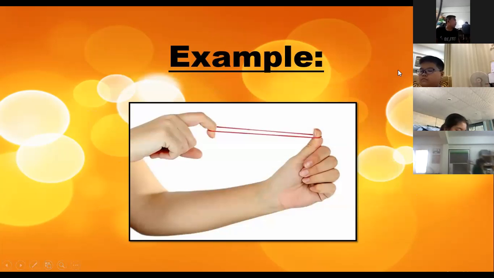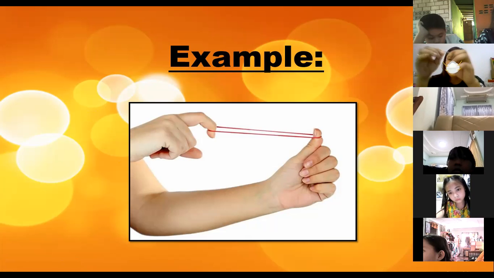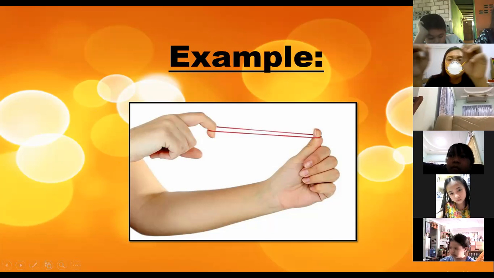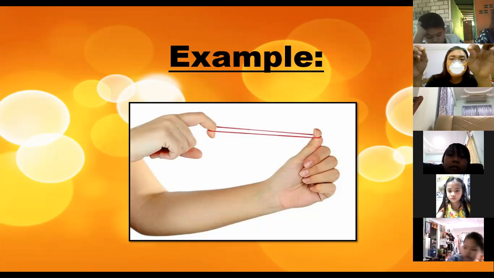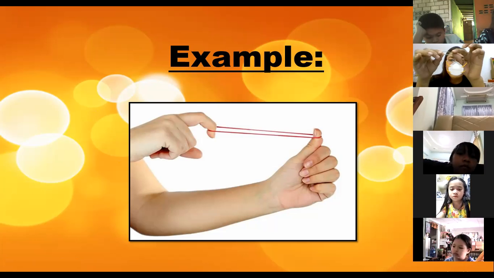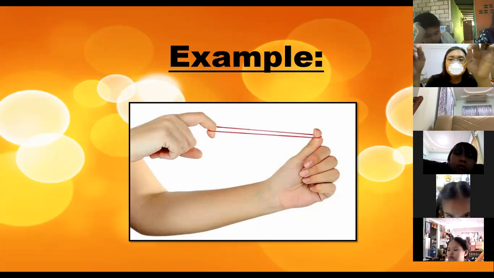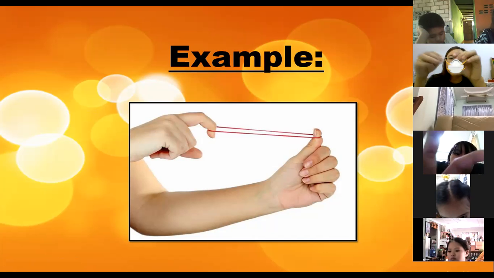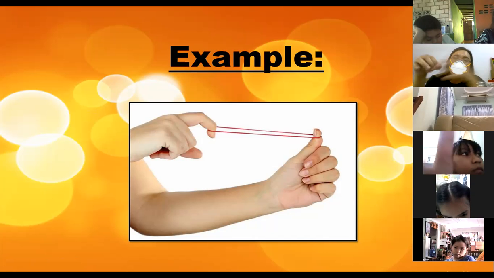All right, example, rubber. Rubber is the best example, or rubber band is the best example of elasticity, okay? So when you pull like this, it stretches and it goes back. So stretch and it goes back. Okay, what other example aside from rubber band?